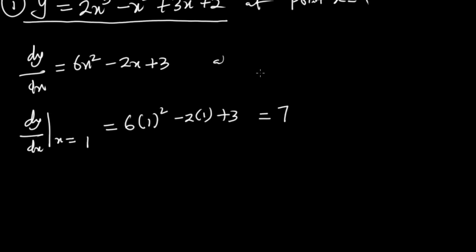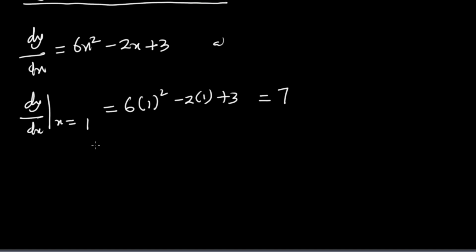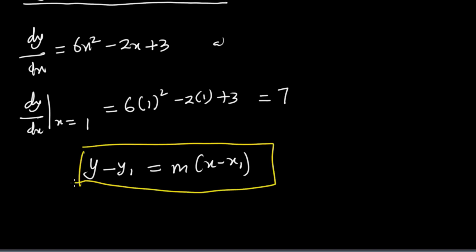Let's write back the equation of a straight line, how to find the equation of a straight line. The formula is simply y minus y1 equal to m times x minus x1. From what we have here, we've gotten m, which is the gradient, m equal to 7.